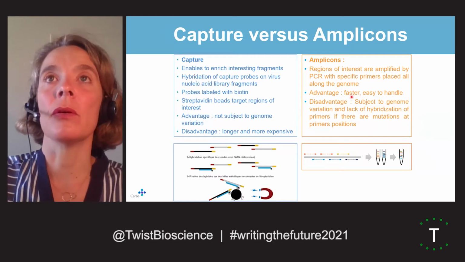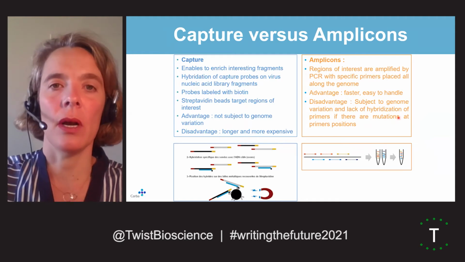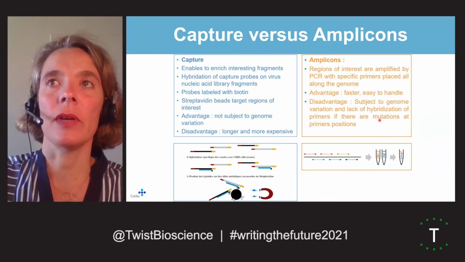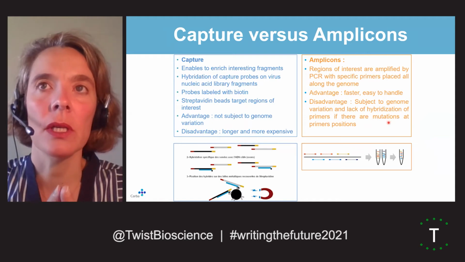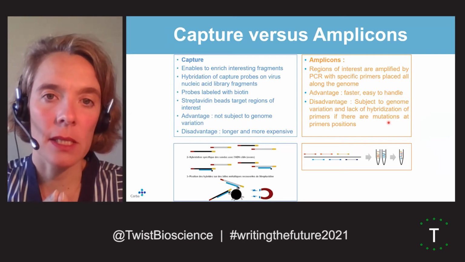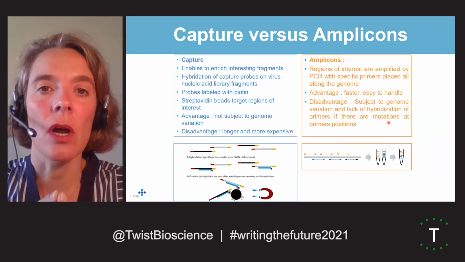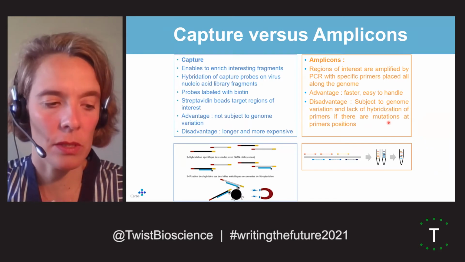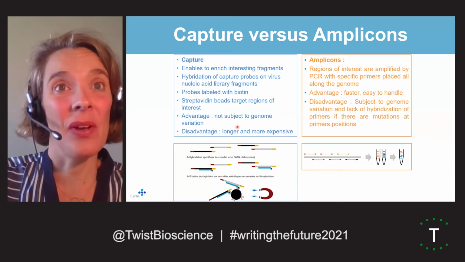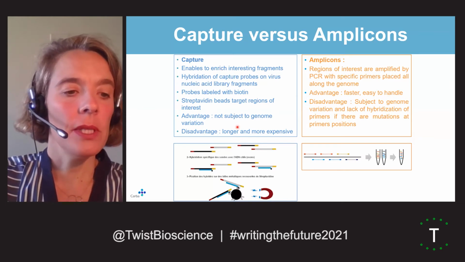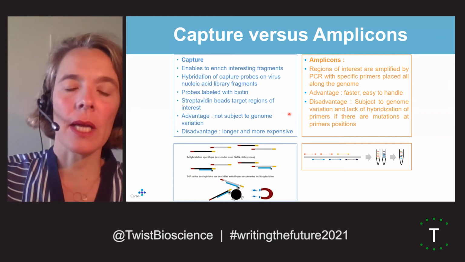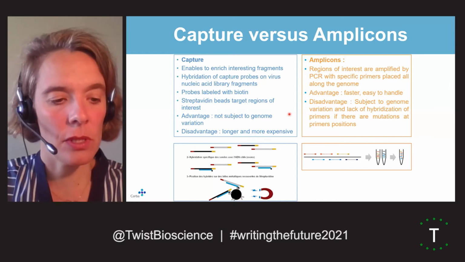The Amplicon-based approach is faster and easy to handle, but it is subject to genome variation and lack of hybridization of primers if there are mutations at primer positions. It can lead to sequencing gaps and hence inconsistency in the elucidation of new SARS-CoV-2 mutations. The capture-based approach is longer and more expensive, but it is not subject to genome variation, as it tolerates up to 10 to 20% of mismatches.